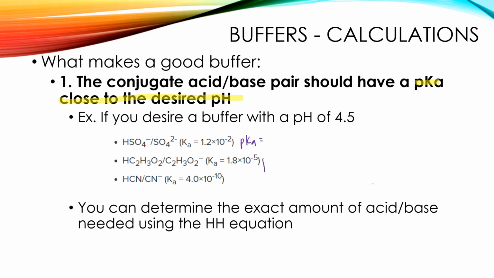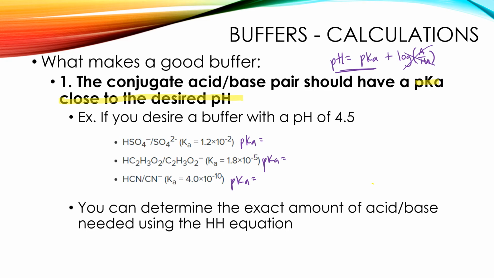determine what the pKa of each of them are. Remember, for a buffer, pH equals the pKa plus the log of that ratio. So if these are equal, that goes away, and pH equals pKa. So I need something where the pKa is close to the desired pH.